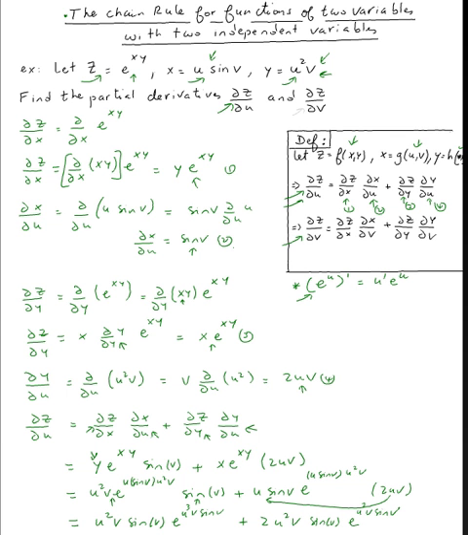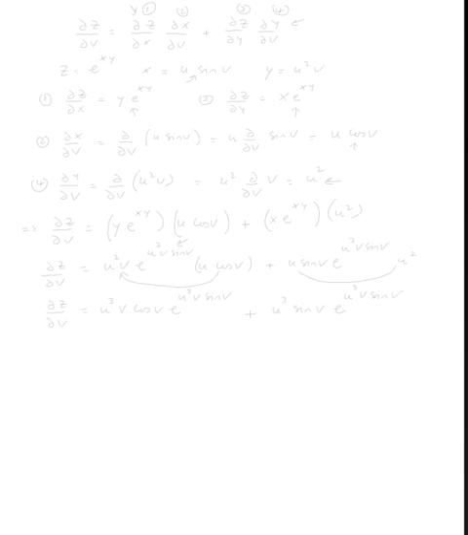Now we need to find partial z with respect to v. So again, I'm going to start with, let me rewrite it here. There's a formula. Partial z with respect to v is equal partial z with respect to x, partial x with respect to v, plus partial z with respect to y, partial y with respect to v.